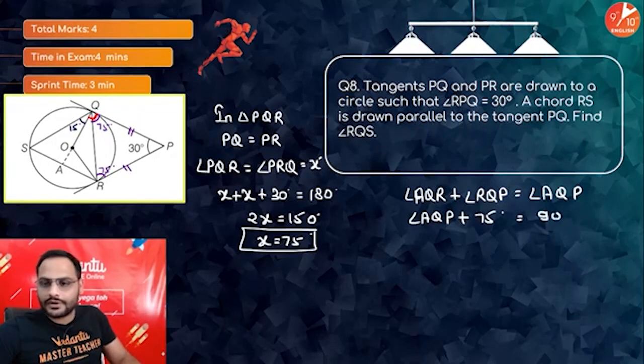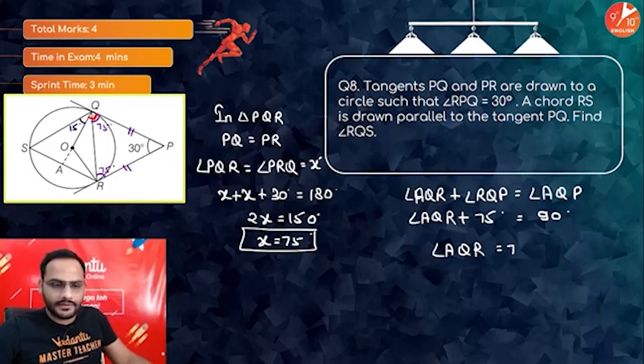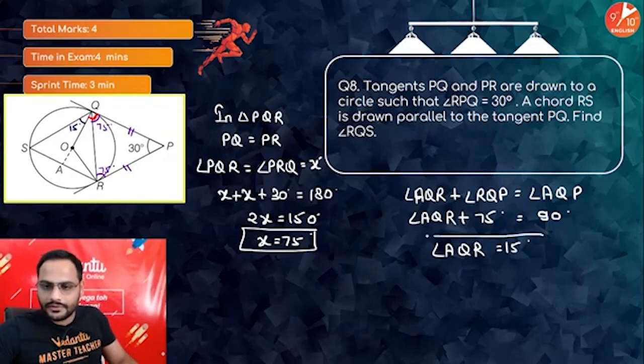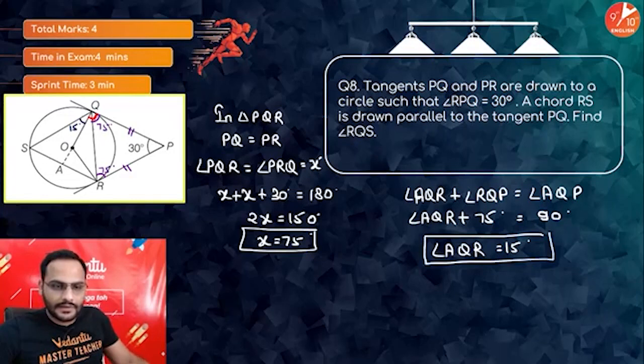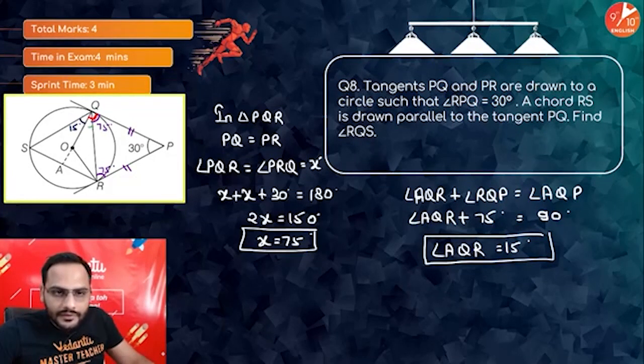Angle AQP is total 90 degree. Angle AQR we got as 15 degrees. Angle AQR, what have you got? You have got this as 15 degrees. That means, what does it mean, beta? It means that this angle over here, you have got as 15 degree.